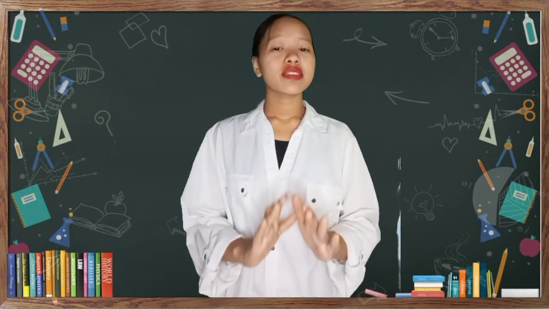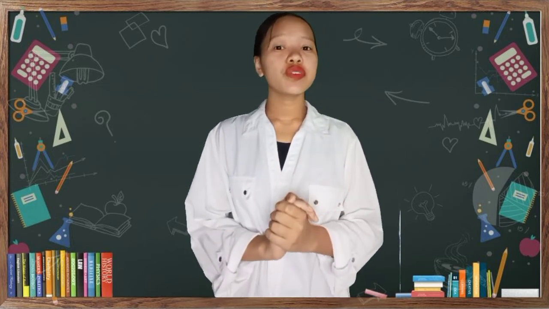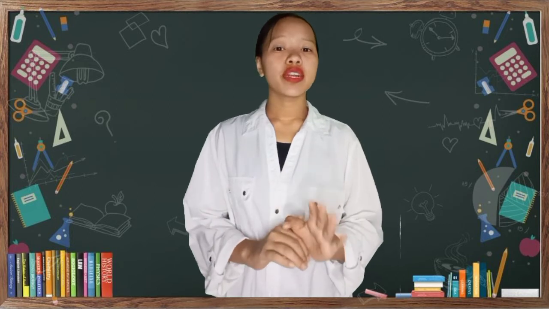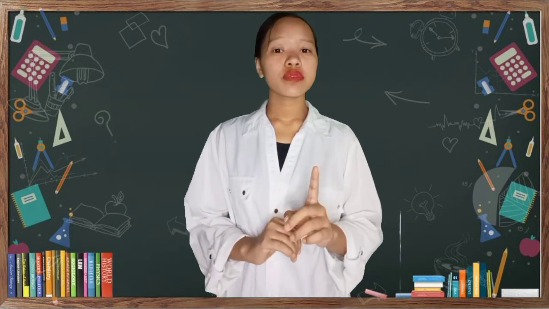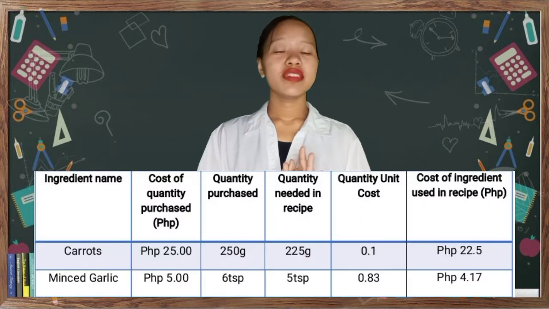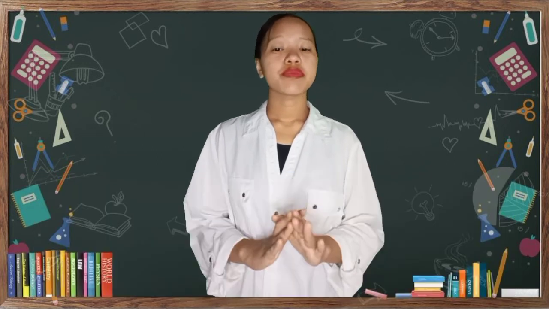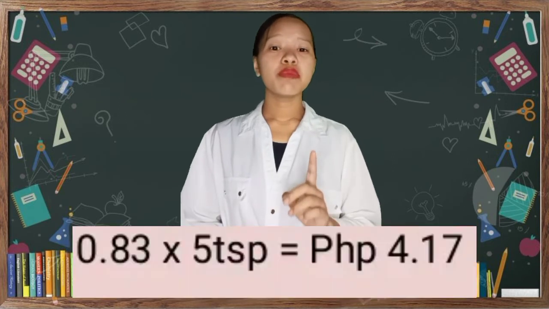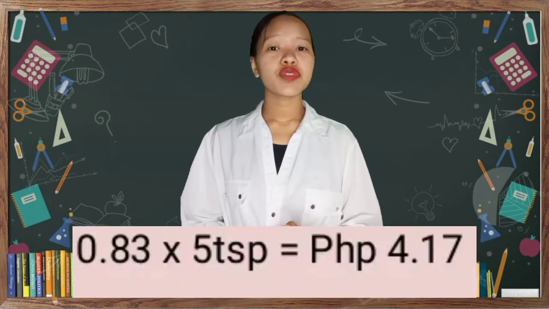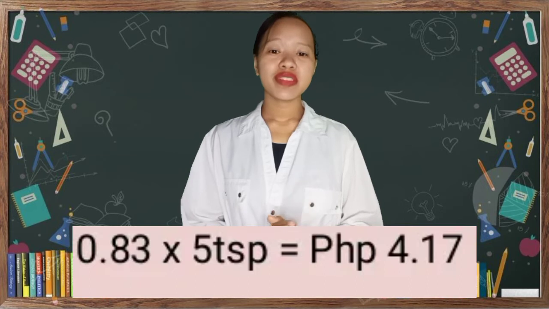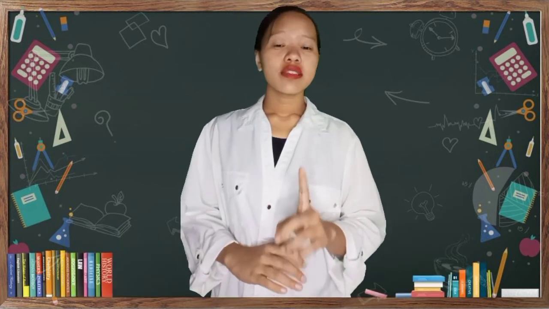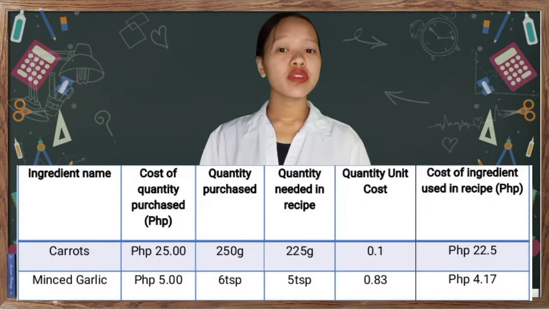And now let us calculate the cost of ingredient used in the recipe of garlic. So let's multiply the quantity needed in the recipe, which is 5 teaspoons, and the quantity unit cost, which is 0.83. So 5 multiplied by 0.83 is equal to 4.17, and that's the cost of ingredient used in the recipe of garlic.